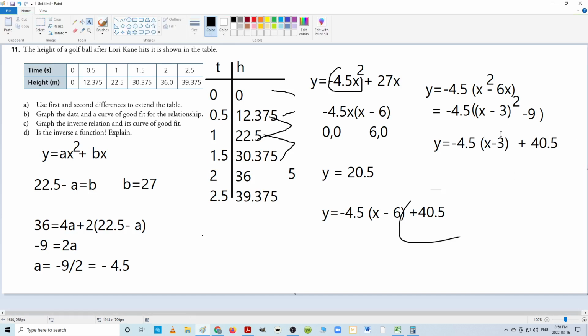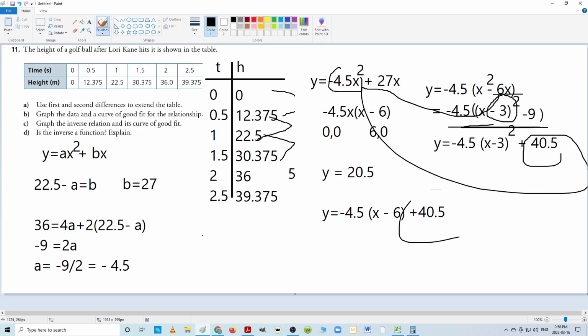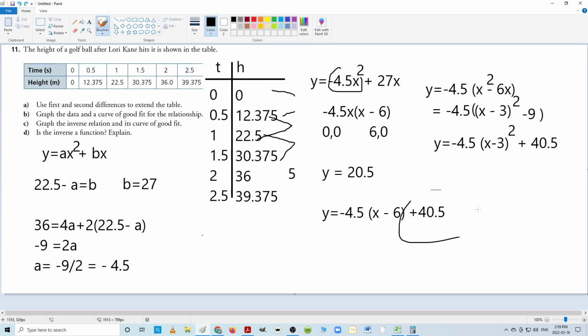Now also notice that I discovered the x value of the vertex there, and I could have simply substituted it in to discover this number. That's called partially completing the square, instead of figuring out all this multiplication. So that's completing the square.